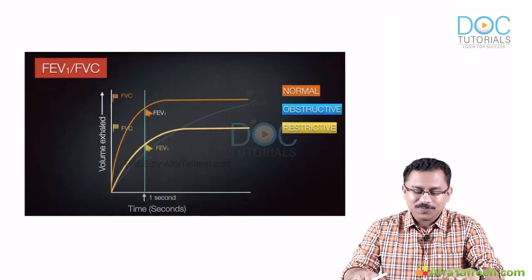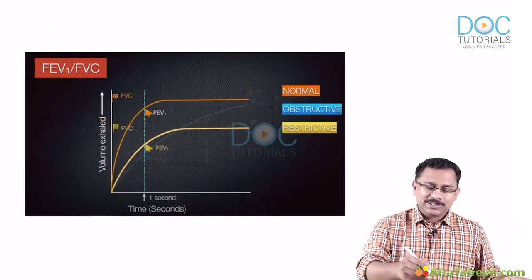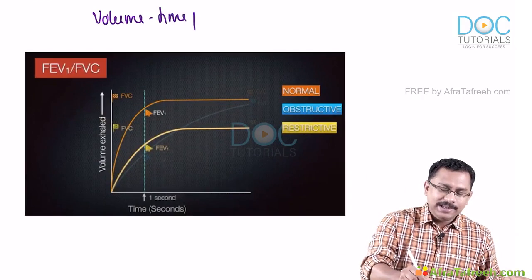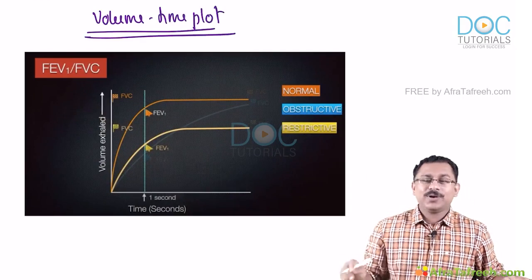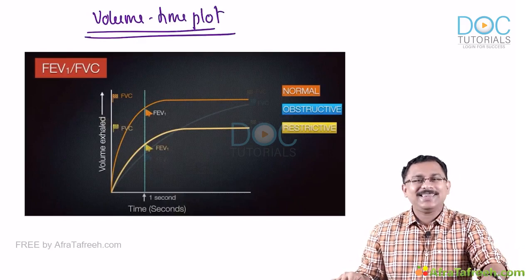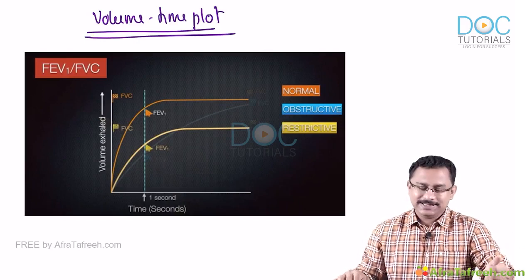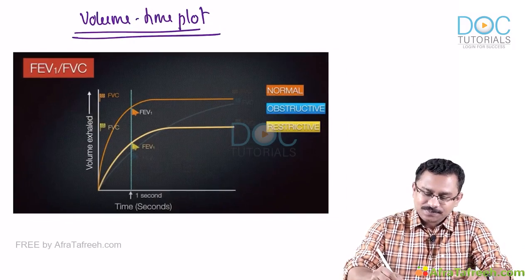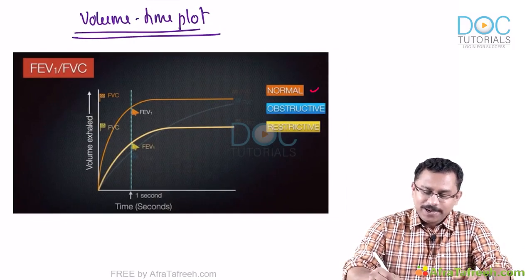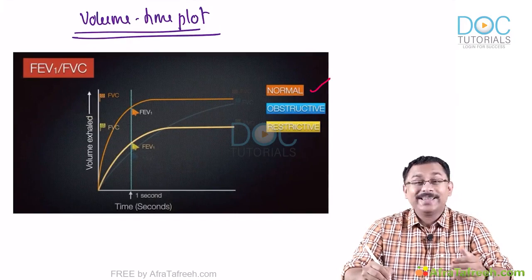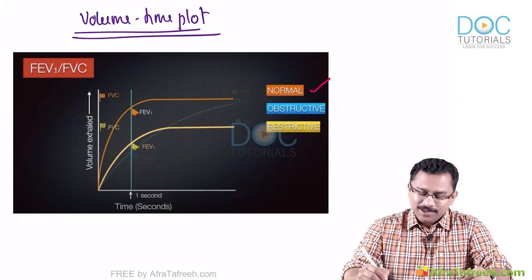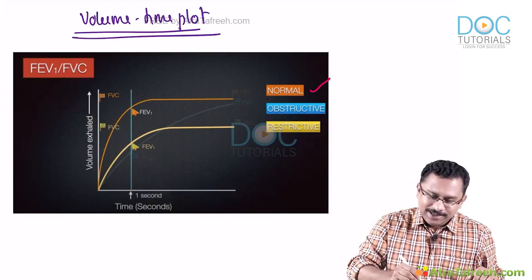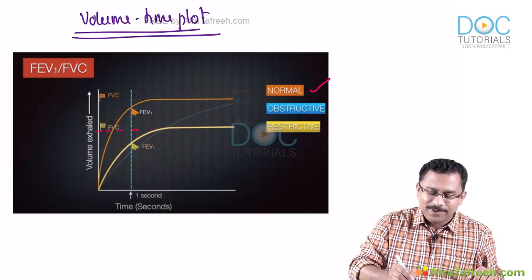Now let's come to restrictive lung disease. This is the next volume time plot, and in this volume time plot, we are going to compare normalcy versus restrictive lung disease. Normalcy is the orange curve that you are seeing here. When you take into account the yellow, that is your restrictive, you see the total forced vital capacity is very less compared to normal.